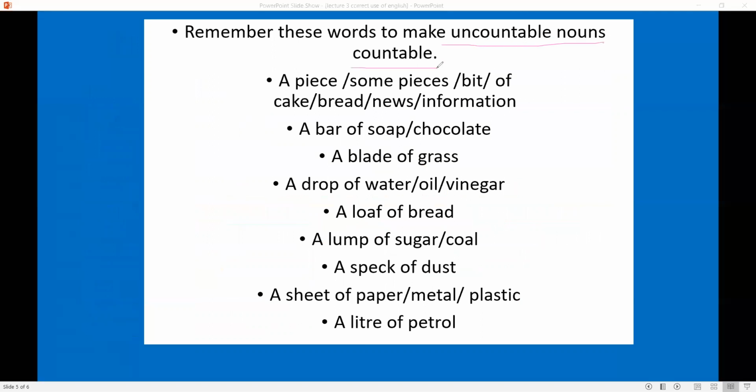A piece of, some pieces of, a bit of, a piece of bread, a piece of cake, a piece of news, a piece of information, a bar of soap, bars of soap, a bar of chocolate or bars of chocolate, a blade of grass or blades of grass, a drop of water or drops of water, oil and vinegar, a loaf of bread, loaves of bread, a lump of sugar or lumps of sugar, a speck of dust or specks of dust, a sheet of paper or sheets of paper, a liter of petrol, similarly.